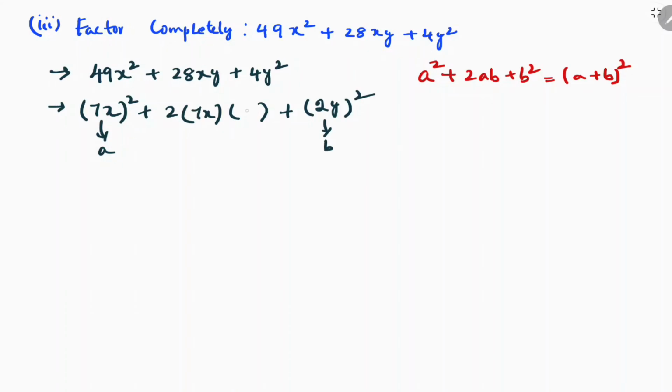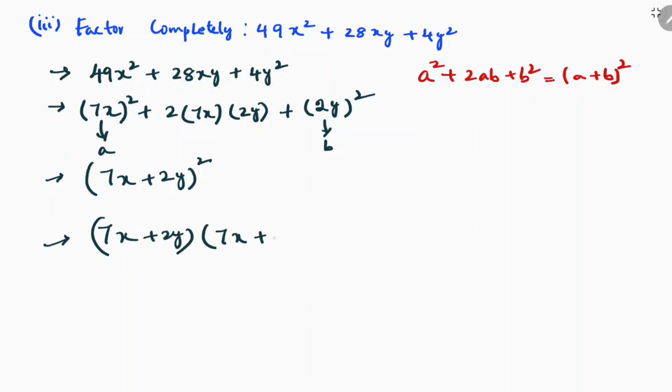Clearly, 2 times 7 is 14, 14 into 2 is 28, 28xy. So it fits perfectly. I can write directly (a plus b) whole square, that is (7x plus 2y) whole square, or you can write this answer in another form like (7x plus 2y) into (7x plus 2y).